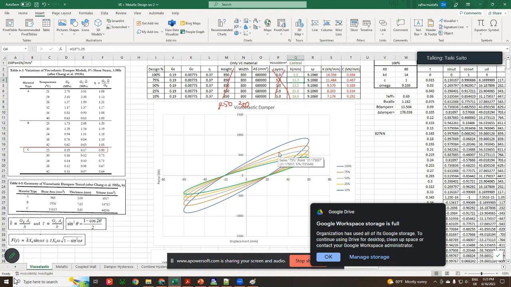And is there any... you change H, but I don't know the product of the viscoelastic damper. How much thickness?